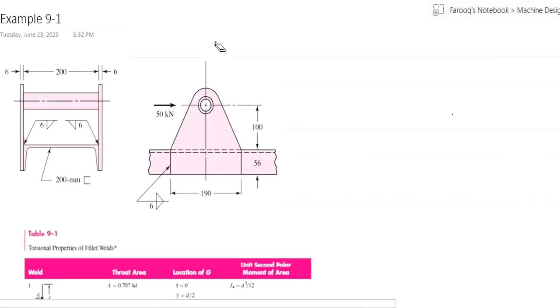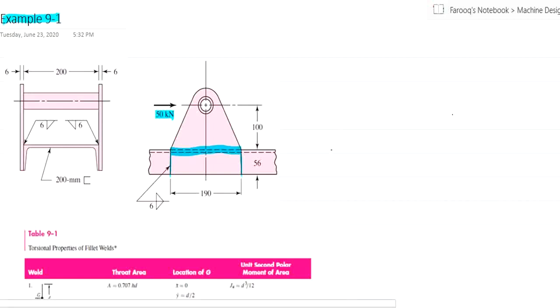Now we are on example 9-1. It has a three-sided weld being applied on two joints, and a 50 kilonewton force is going to be applied there.